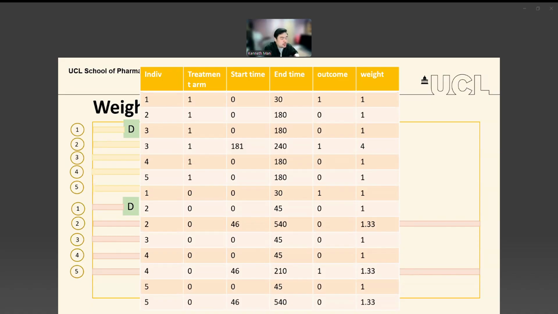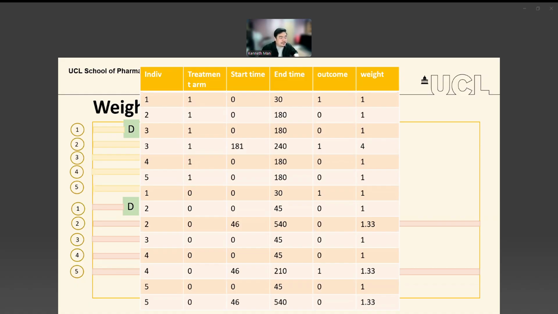For the individuals who do not receive the treatment within the 180 days and were assigned to the treatment arm, they are censored at 180 days. So patient number 2 was censored at day 180 for the treatment arm clone. That's the same for patient number 4 and patient number 5.